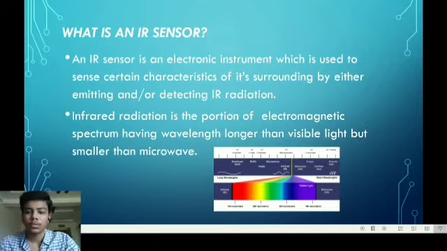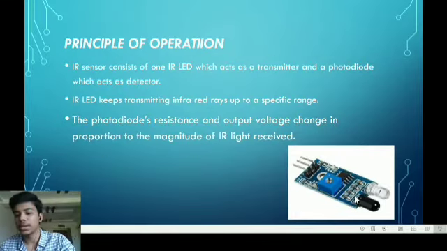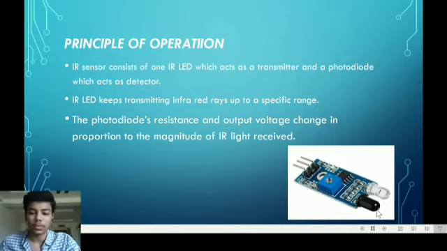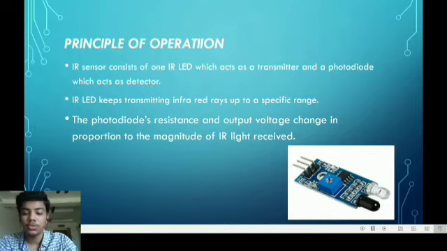Let's talk about this. The emitter is simply an IR LED. Here you can see an IR LED, white in color, and the detector is simply an IR photodiode. The black one is the IR photodiode. The photodiode is sensitive to IR light of the same wavelength as that emitted by the IR LED.